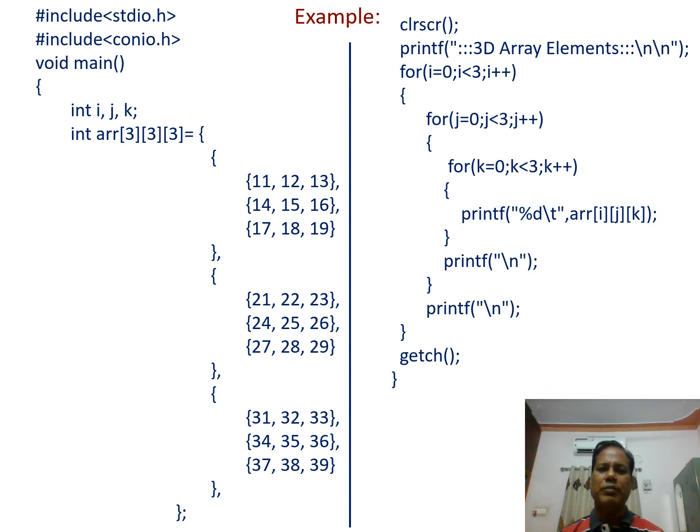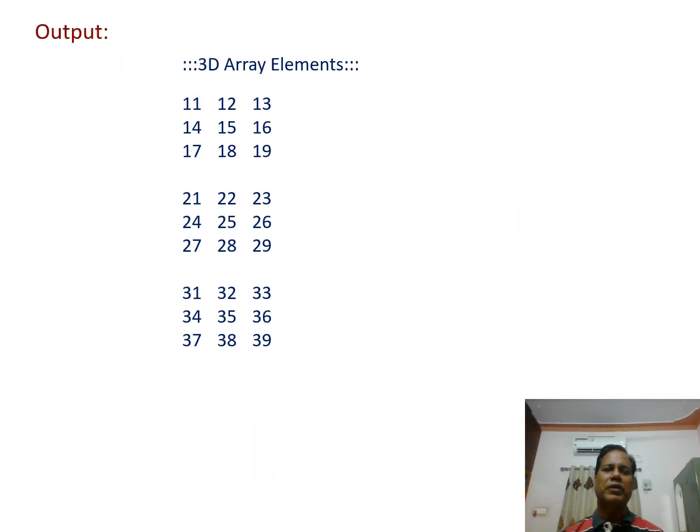When this program is executed, we see the output like this. So this is the first 2D array, this one is the second 2D array, this one is the third 2D array.